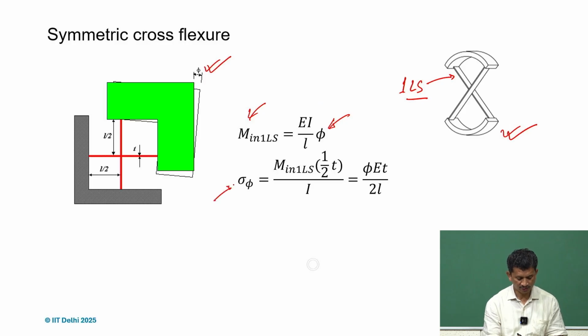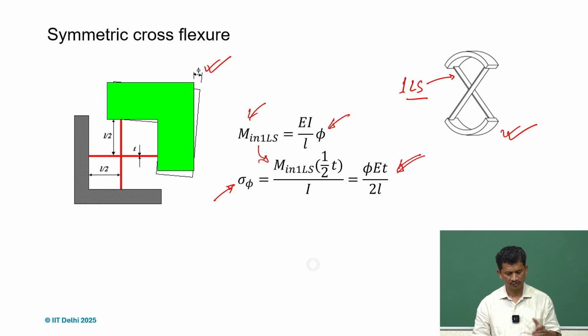Similarly, for the stresses, it's My, where y is the top or bottom layer of the fiber, either in tension or compression, with maximum value t by 2 divided by I. When we substitute for M here, the maximum stress is phi E times t divided by 2L.